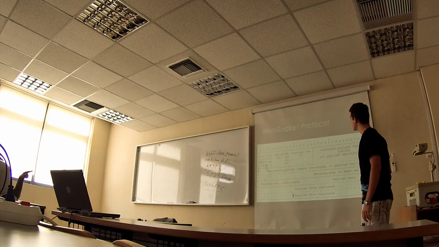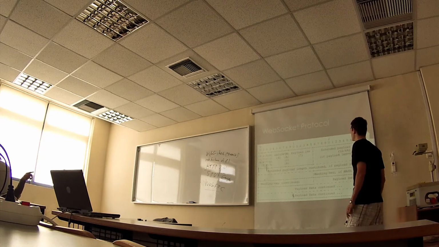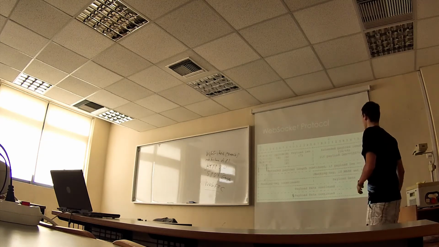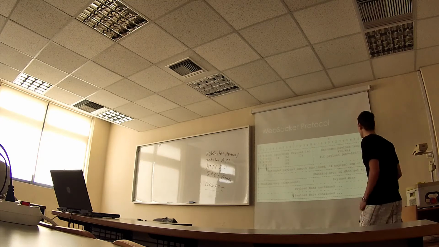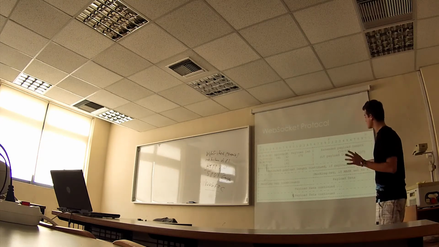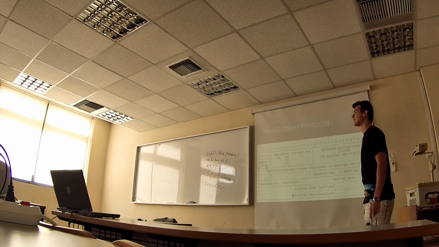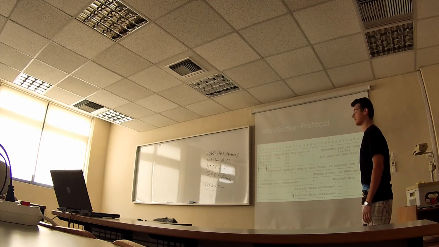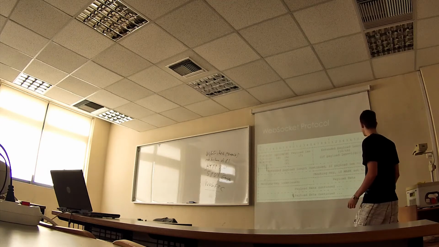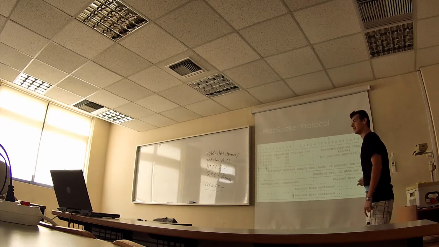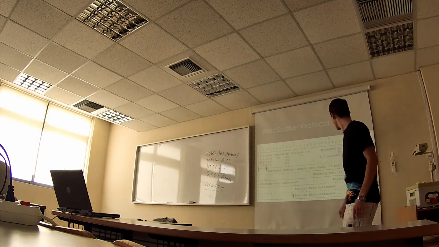Actually, the opcode is important and the payload length. The rest is obvious. But maybe this masking is not that obvious. And the masking key has to do with the security key that is exchanged at the opening of the handshake, right? Yeah, you're right. Good student.